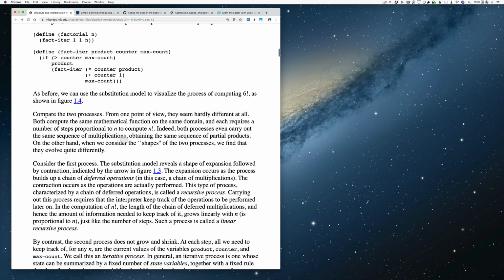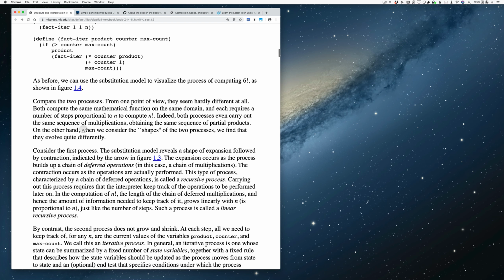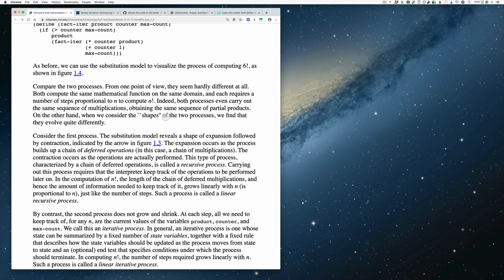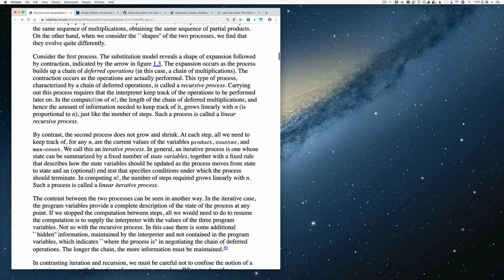From one point of view, they seem hardly the same at all. Both compute the same mathematical function on the same domain. Each requires a number of steps proportional to n to compute n factorial. Same sequence of multiplications, but the shapes are different.